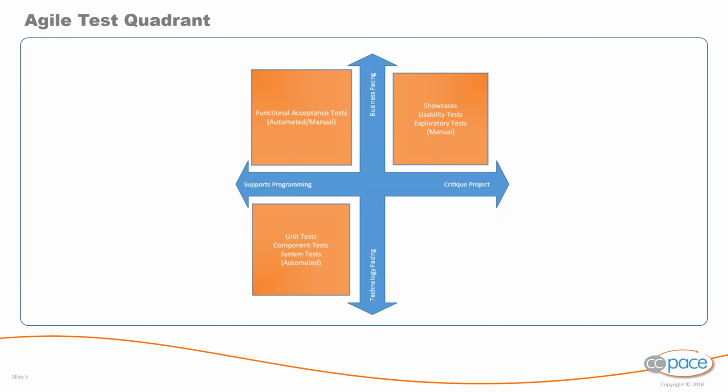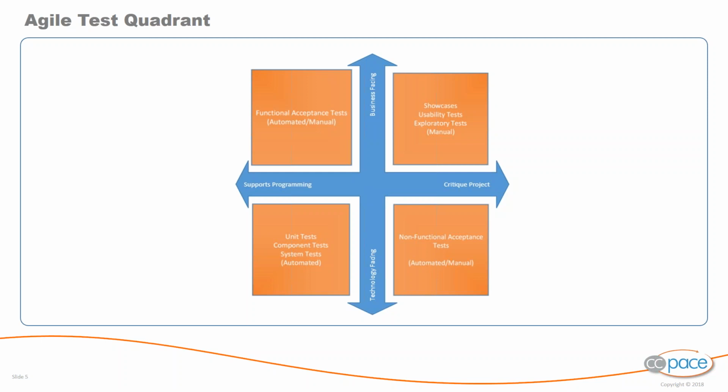The tests in this quadrant typically include showcases, usability, and exploratory tests, and are almost always manual in nature. So, for example, it does not make sense to automate a usability test. That's something that has to be tested manually.